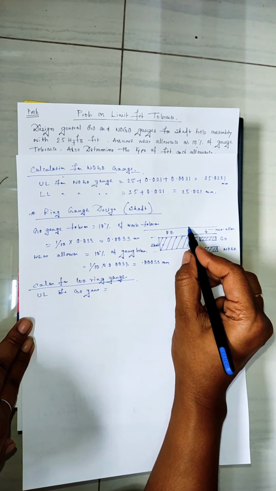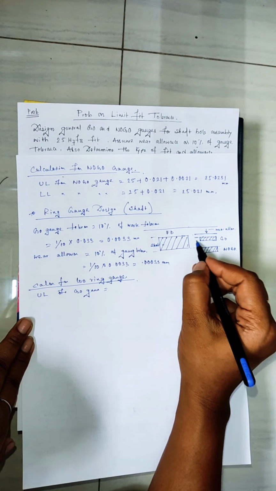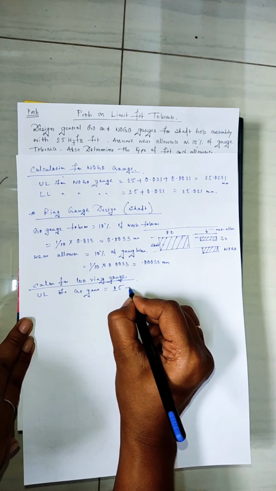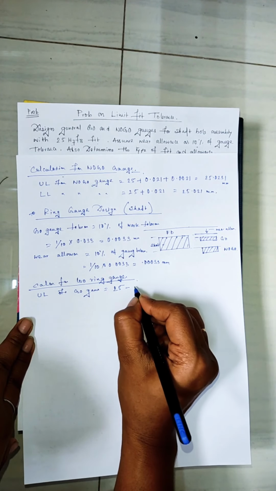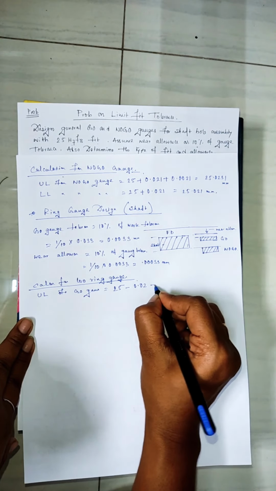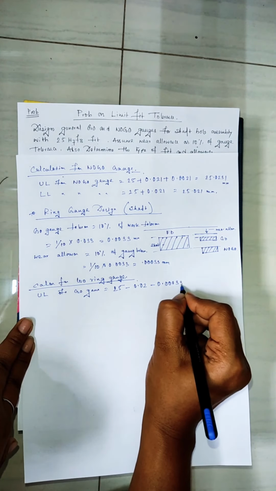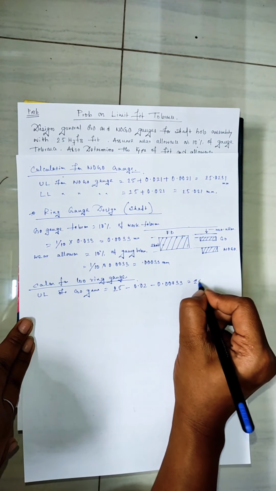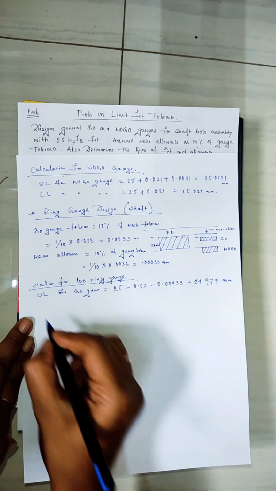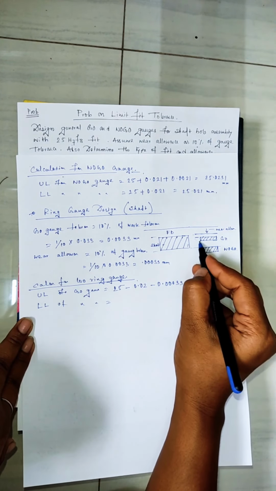So this is our basic size minus fundamental deviation minus wear allowance. So basic size is 25 minus fundamental deviation 0.02 minus wear allowance 0.00033, that is equal to 24.979 millimeter.